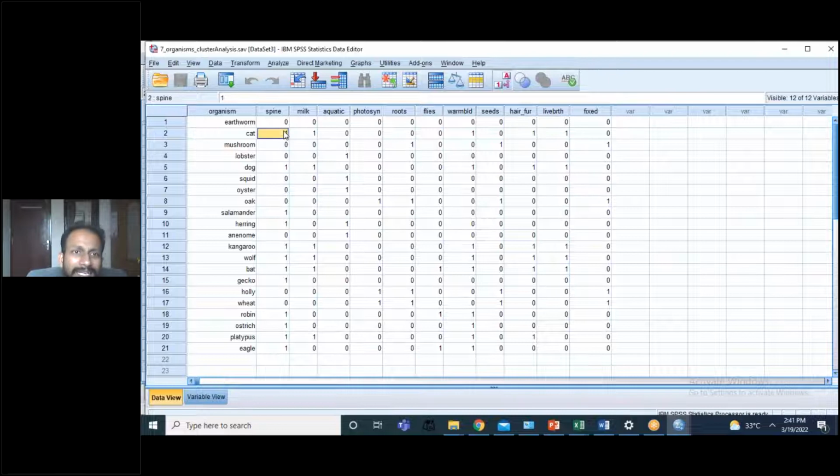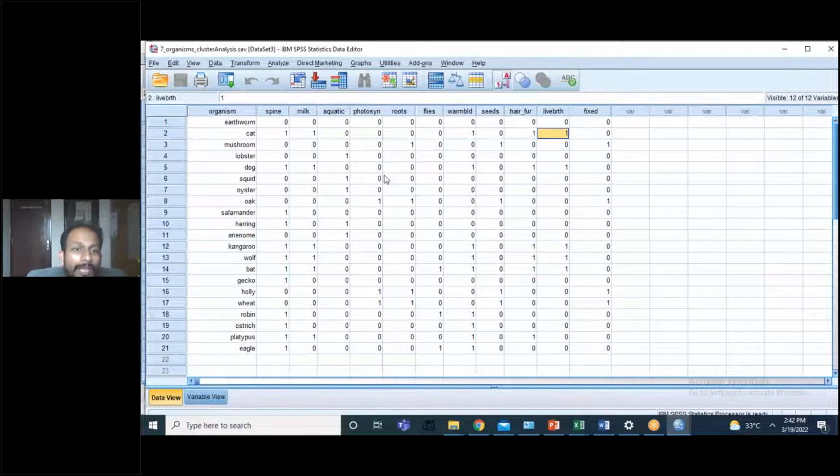Look at this cat. Cat has a spine. It gives milk. It is not aquatic. It does not have photosynthesis, no root. Warm-blooded animal, yes. Hair fur, yes. Live birth, okay. Similarly mushroom. So like this, we have considered some organisms, categorized them, and mentioned their characteristics, whether it has that feature or not.